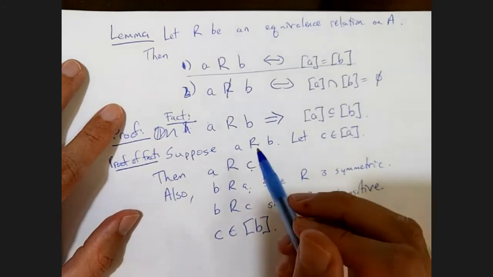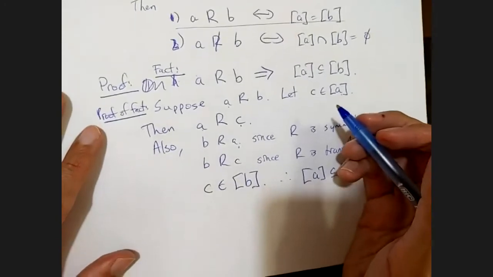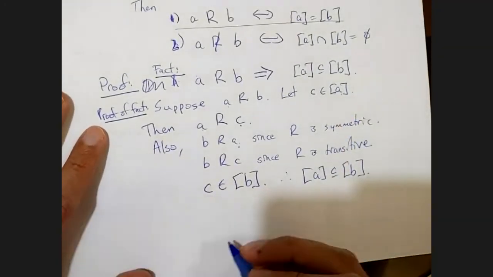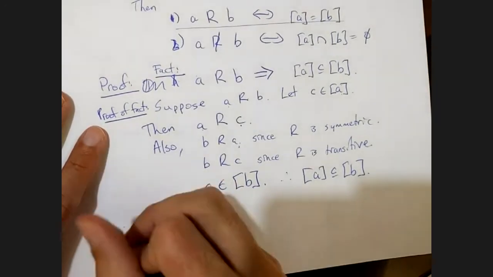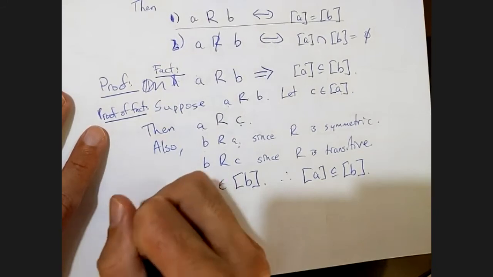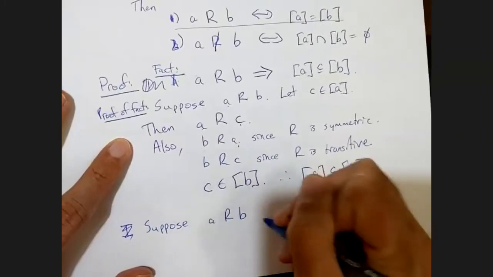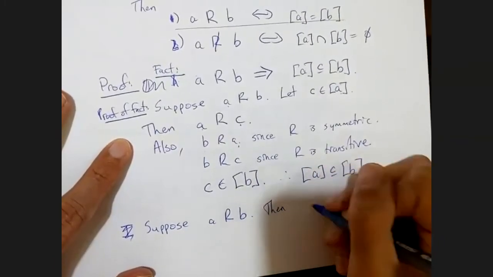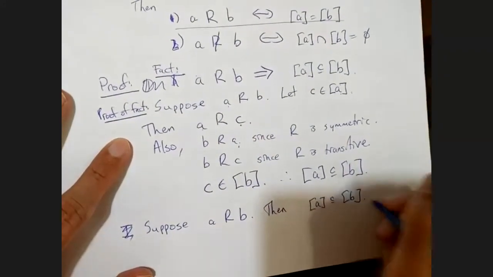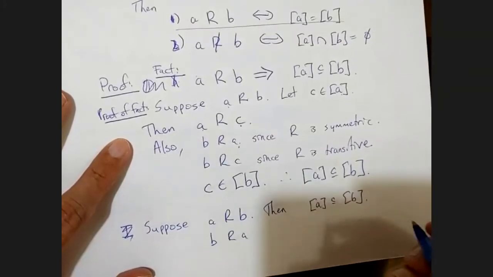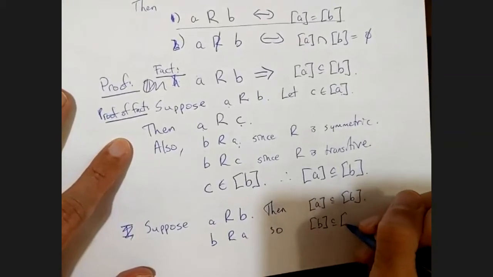But you also see that since b is related to a, okay, so now if we apply this fact, now suppose a is related to b, then the equivalence class of a is contained in the equivalence class of b. Also, b is related to a since R is symmetric, so the equivalence class of b is contained in the equivalence class of a.